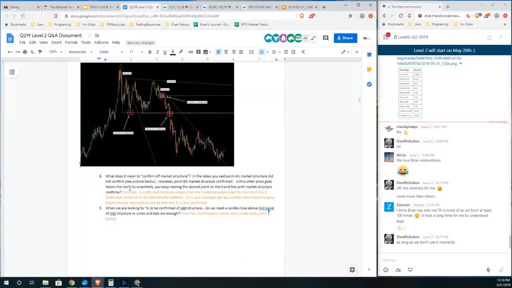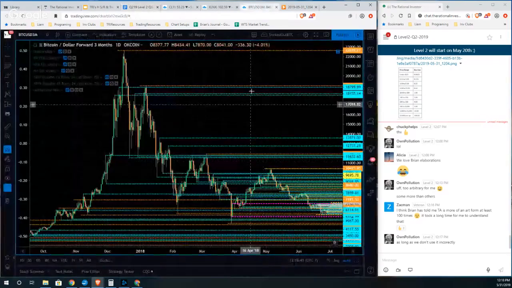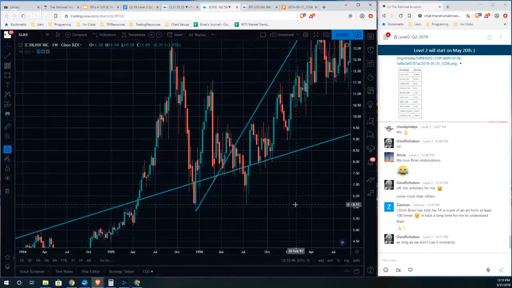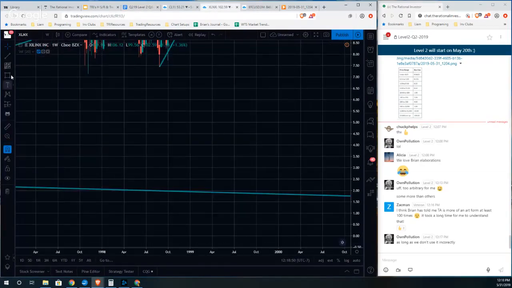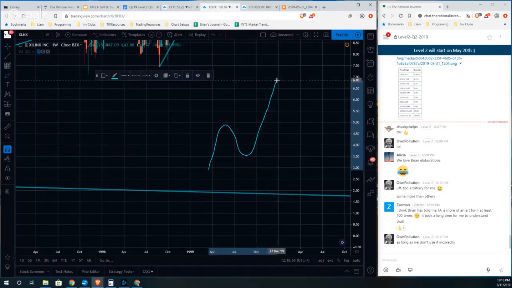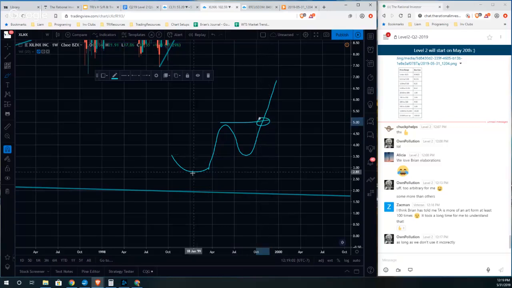Okay, number 8. What does it mean to confirm off market structure? Well, you remember back in level 1, and I don't know whether this is pertaining to trend lines, but you remember back in level 1, we had said, how do you define an uptrend? Well, an uptrend is when market structure confirms the signal there, and now that is your uptrend.